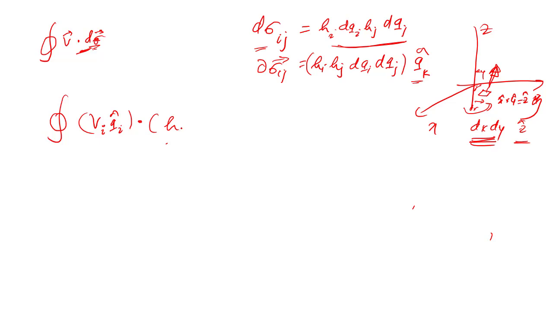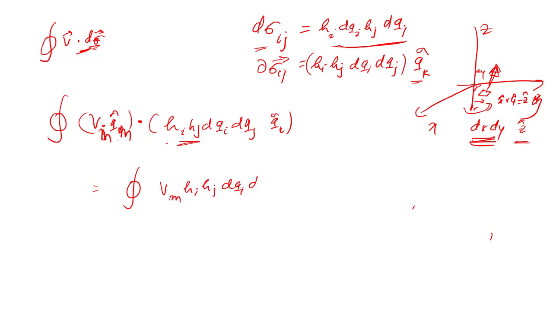So I would have h_i h_j dq_i dq_j along q_k. Here we already used i, so let's instead change it to m so that there is no confusion with this i. So V_m h_i h_j dq_i dq_j, and I have q_m dot q_k.